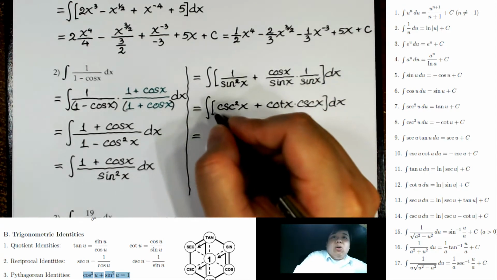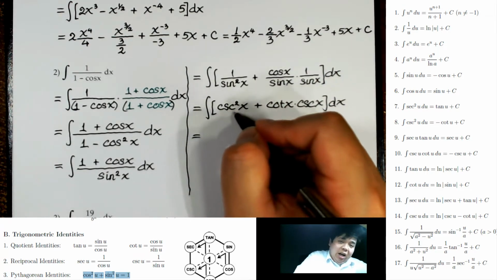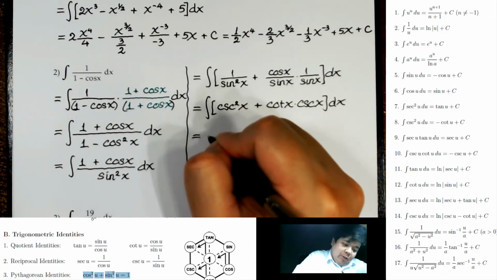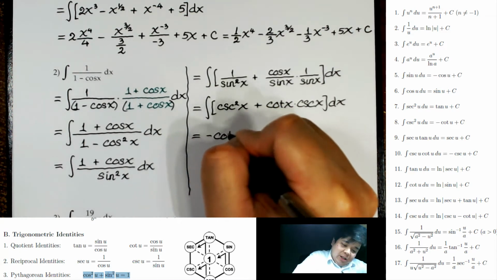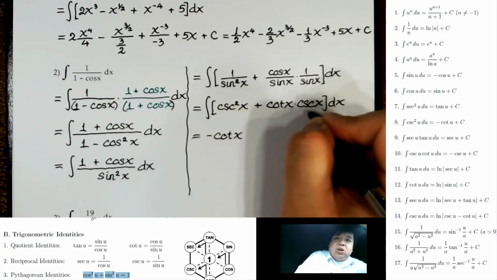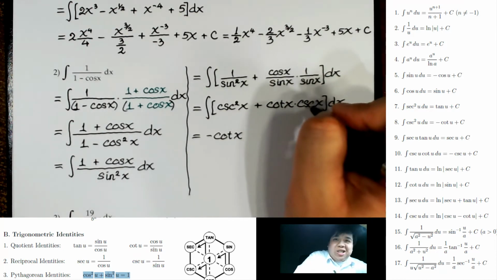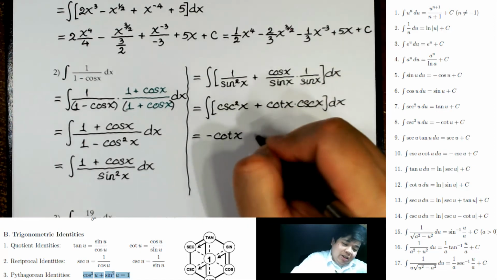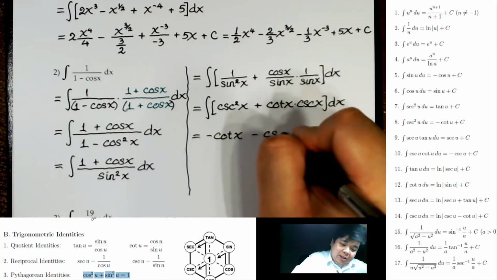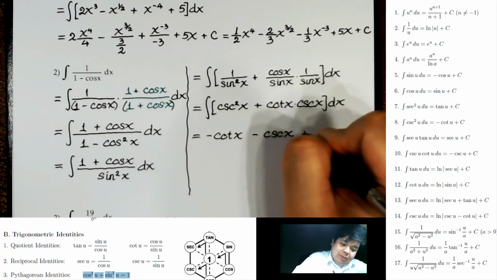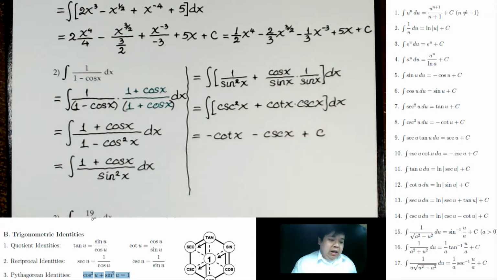Now the integral of cosecant square will give us negative cotangent x, and cotangent cosecant, or cosecant cotangent, gives us negative cosecant x. And that's what we have.